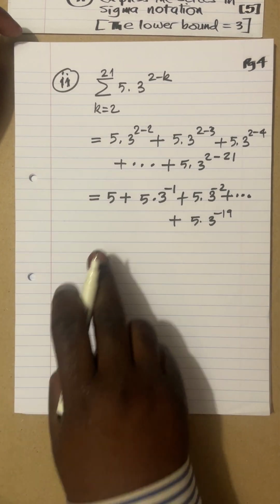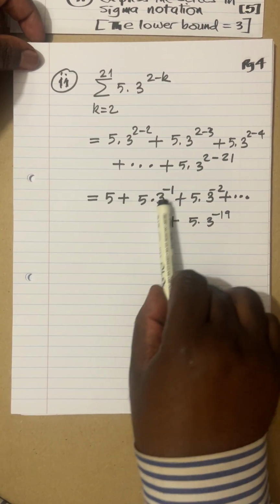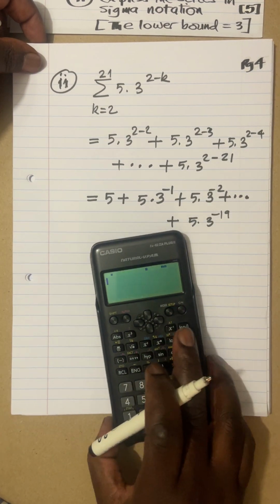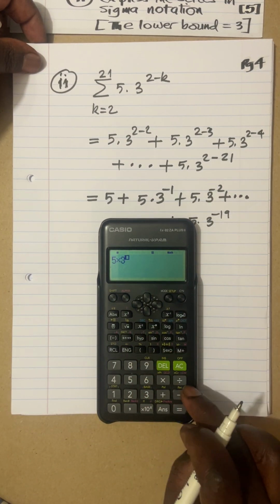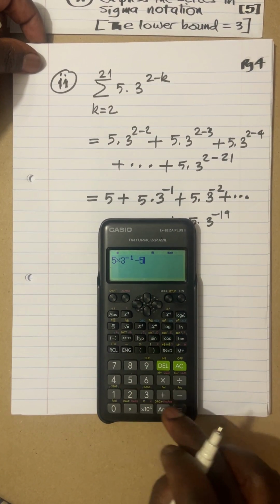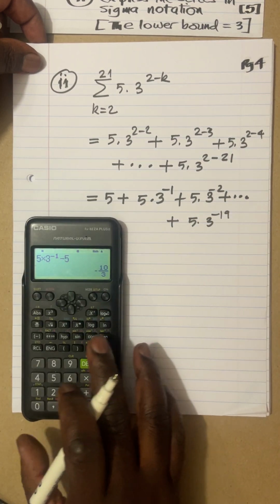Now, obviously, you can see this cannot be arithmetic, because if you subtract this from that, and then this from that, the answer will not be constant. Let's just check this. We are basically saying 5 times 3 to the power minus 1, and then we're subtracting 5. The answer is minus 10 over 3. Let's subtract this just to check.